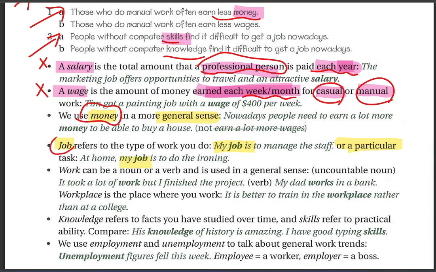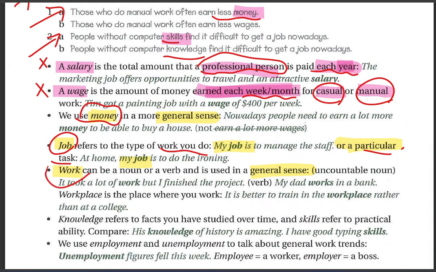So job can be the work you do and earn money, and also a particular task that you have at home, at a school, or any other places. Work can be a noun or a verb and is used in a general sense again.